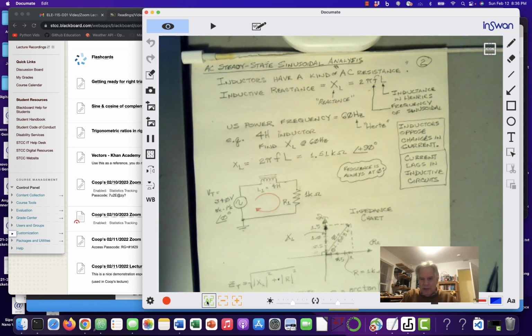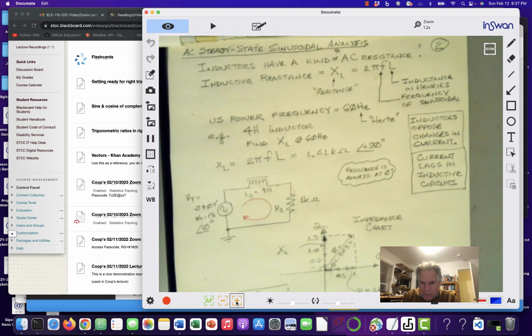As I come down here, this is what's called an impedance chart, and reactance goes up this way and resistance goes this way. Some people say that this is like complex numbers, where the real part is on the x-axis and the imaginary part is on the y-axis. You can say reactance is on the y-axis and resistance is on the x-axis.